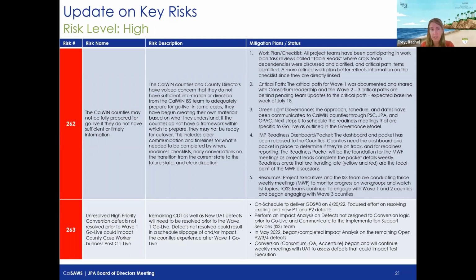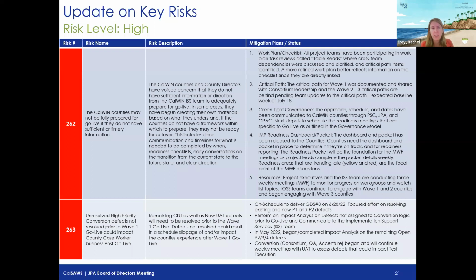For wave 1, there is a baseline work plan, a baseline checklist, and a baseline critical path that we use on a weekly basis internally to monitor the impact to the schedule, if there is any.